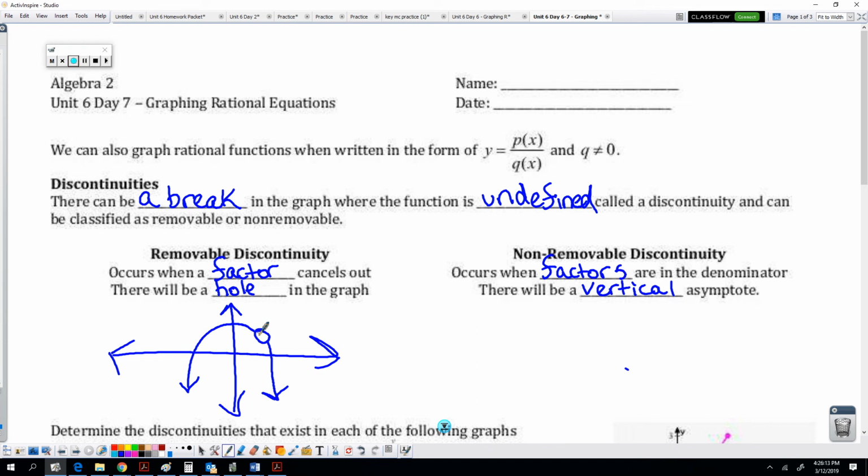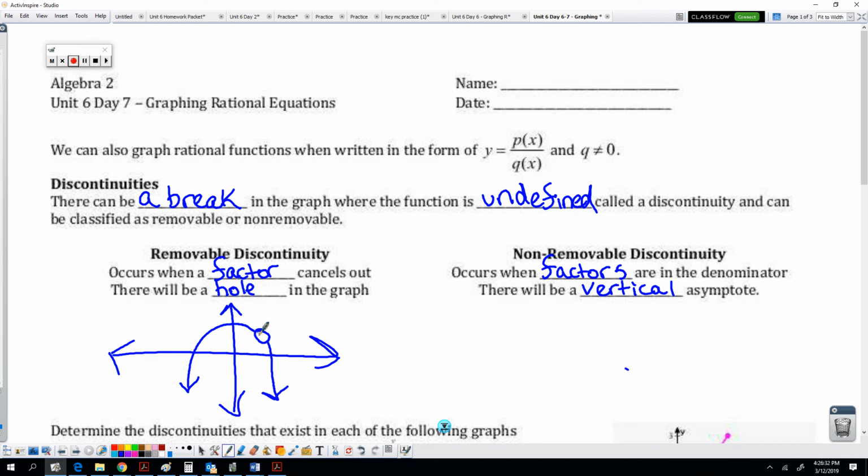So literally a hole, just like when you have paper, you have it all printed out, it's all together when you get out of the printer. And then what we do is we put a hole in it to hole punch it. And those are actually removable discontinuities in our paper.